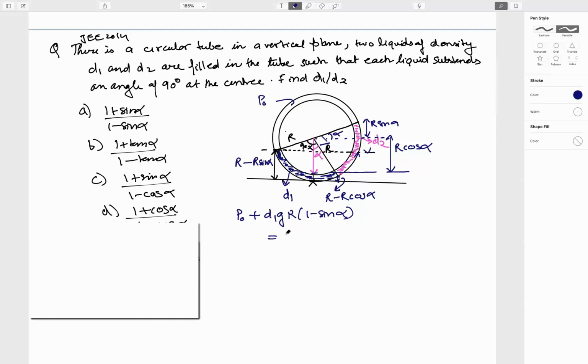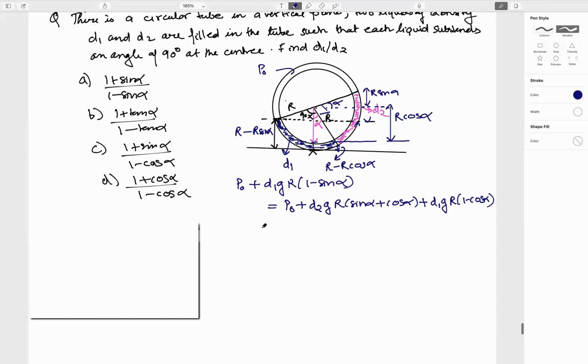So now here it's P naught plus D2 g R into sin alpha plus cos alpha, and this part plus D1 g R into 1 minus cos alpha. From this equation, we will get the solution.